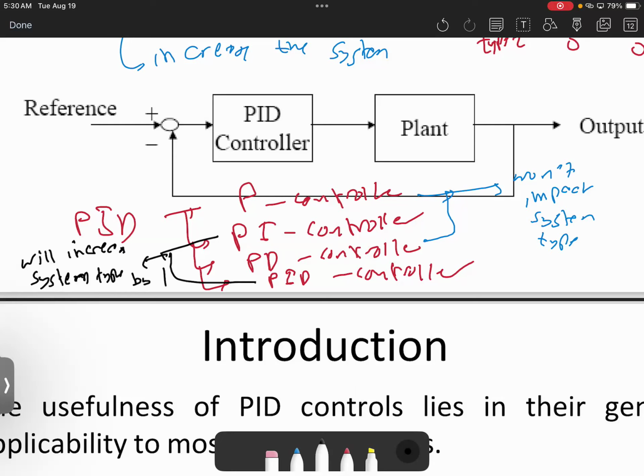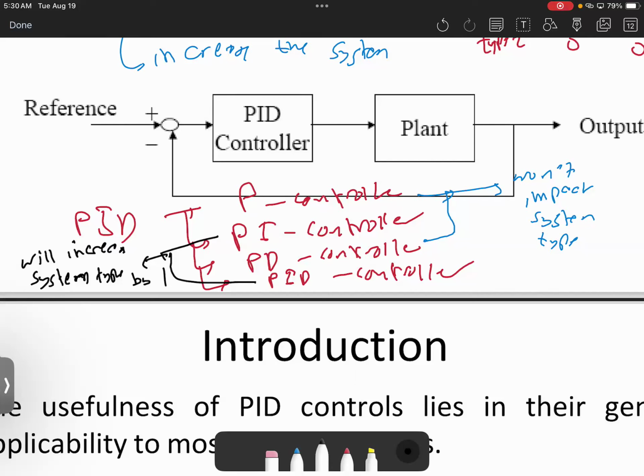If you have a type 1 system, it will be type 2. If you have a type 0, it will be type 1. PID or PI will increase the system type. It's very important. PID or PI, both of them will increase the system type.